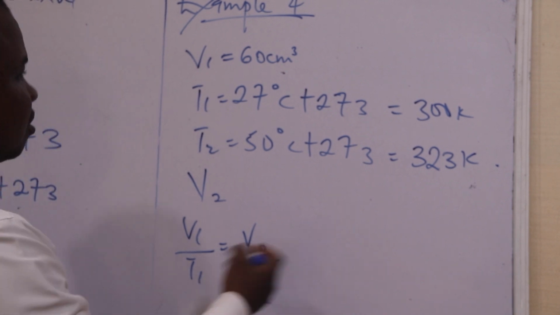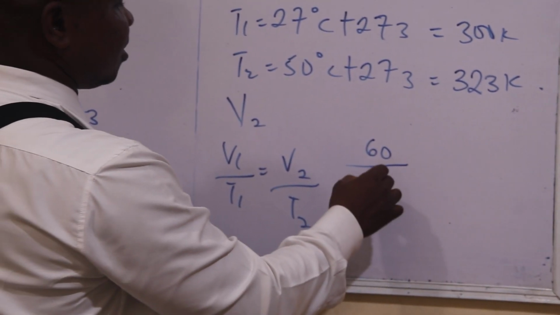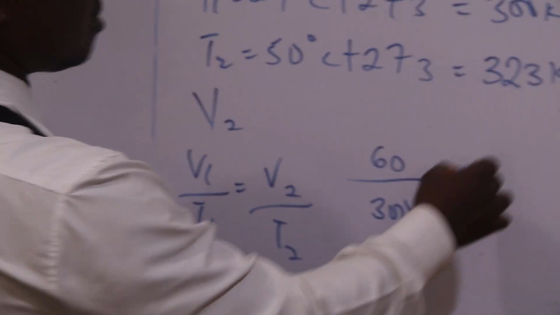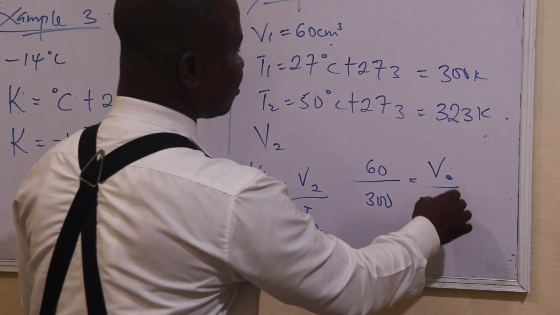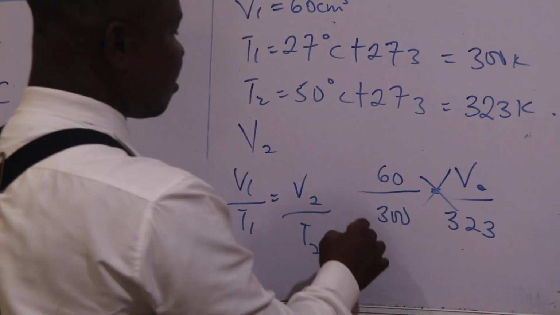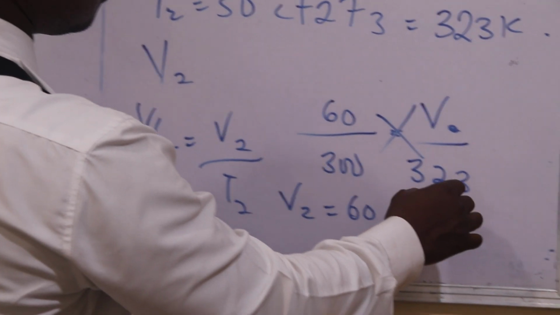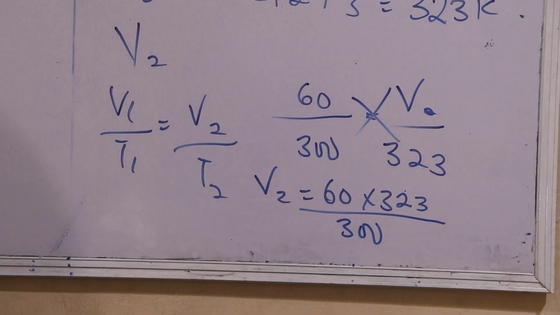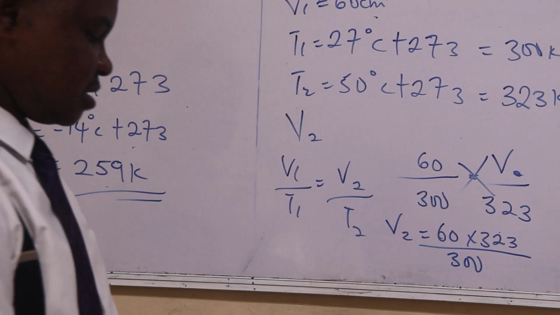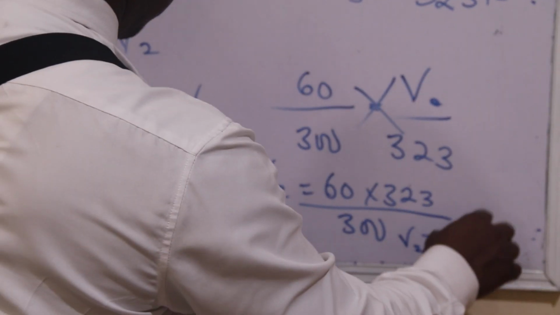V1 will be 60 over 300 equals V2 over 323. So when you cross multiply, you have your V2 to be 60 multiplied by 323 divided by 300. Quickly, when you do that, we're going to have our V2 to be 64.